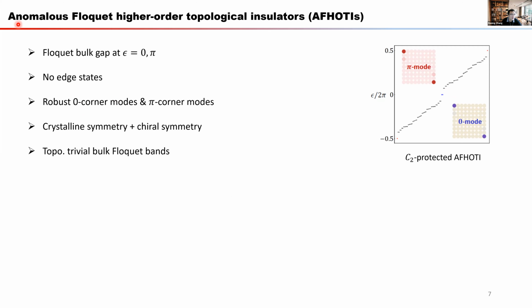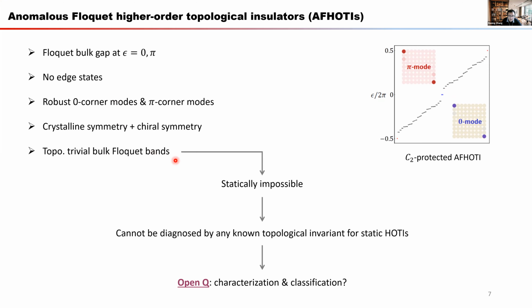And to define this word anomalous, we actually require that the bulk Floquet band must be topologically trivial. This also implies that this kind of phenomenon is statically impossible, because otherwise, in a static system, if you want to have this kind of corner mode, we need to have some topological invariant that is encoded in the bulk band.